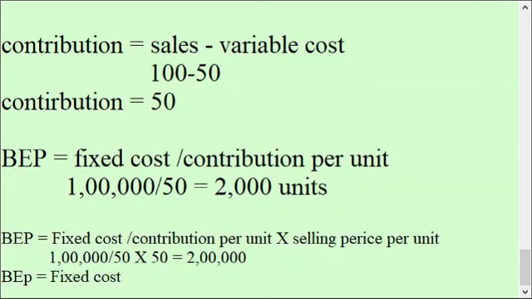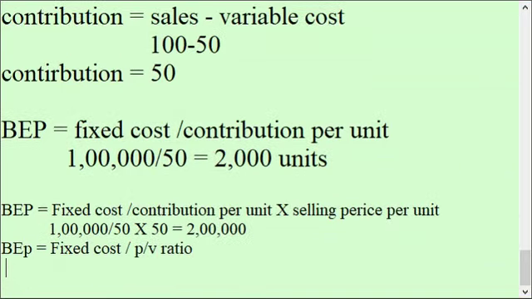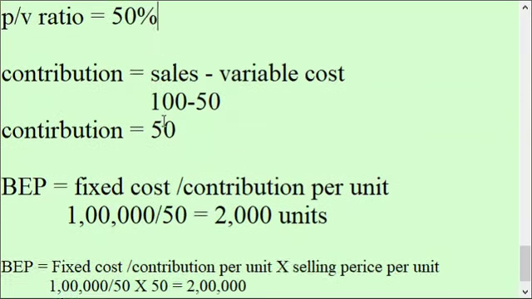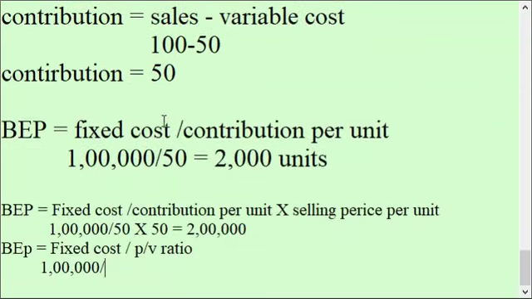Fixed cost is 1 lakh rupees divided by PV ratio, which is 50%, so 50 into 100. Then also it will give an answer of rupees 2 lakh.